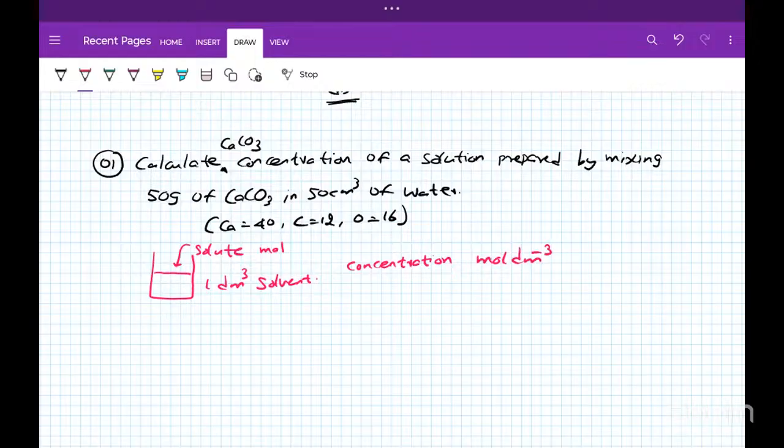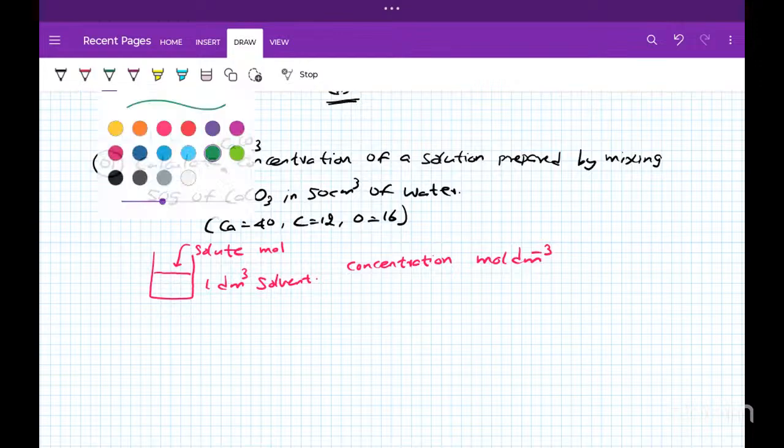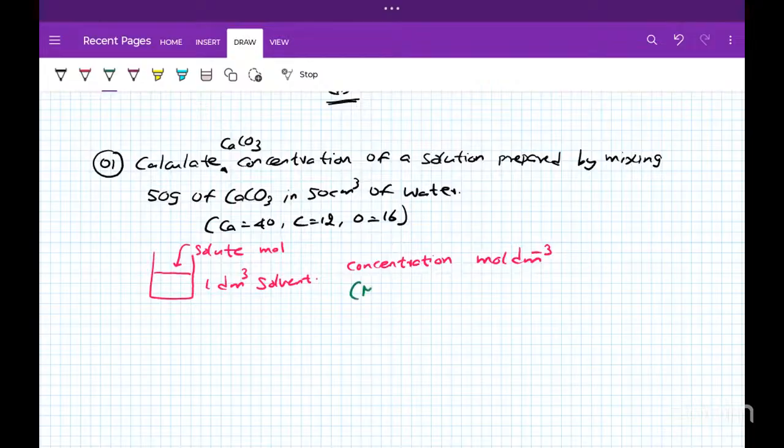One of the popular units in chemistry, moles per cubic decimeter. So this is the concentration unit. Concentration is also called molarity. Molarity is another name for the concentration, right? Moles per cubic decimeter, the unit also denoted as capital M.